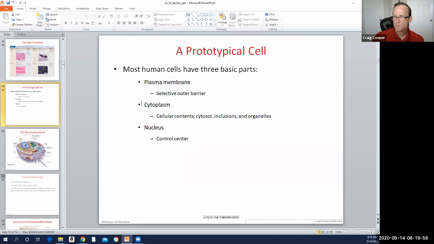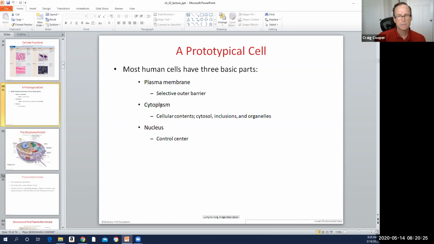The cytoplasm just refers to everything that's inside the cell except for the nucleus. We'll go through all the different organelle types here in a little bit. Depending on where the cell is, it's usually described as a gelatinous material that makes up the cytosol. That's more the liquidy component, but it's not like water. It's usually a little bit more gel.